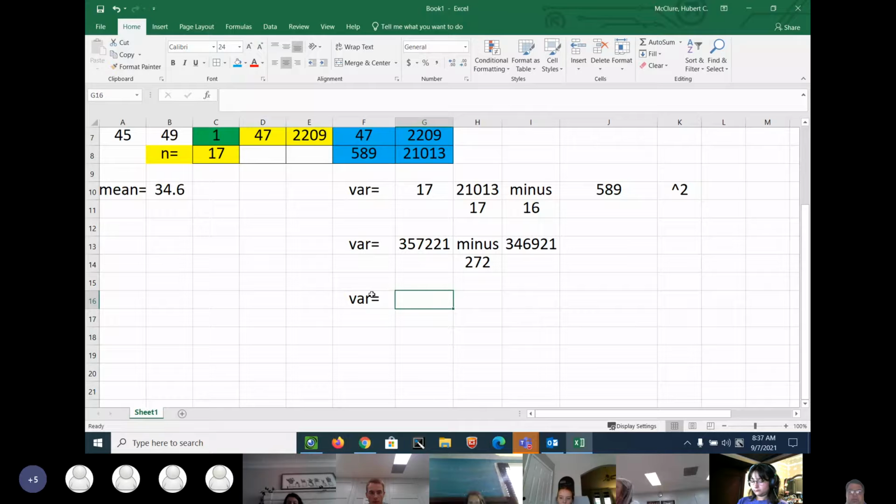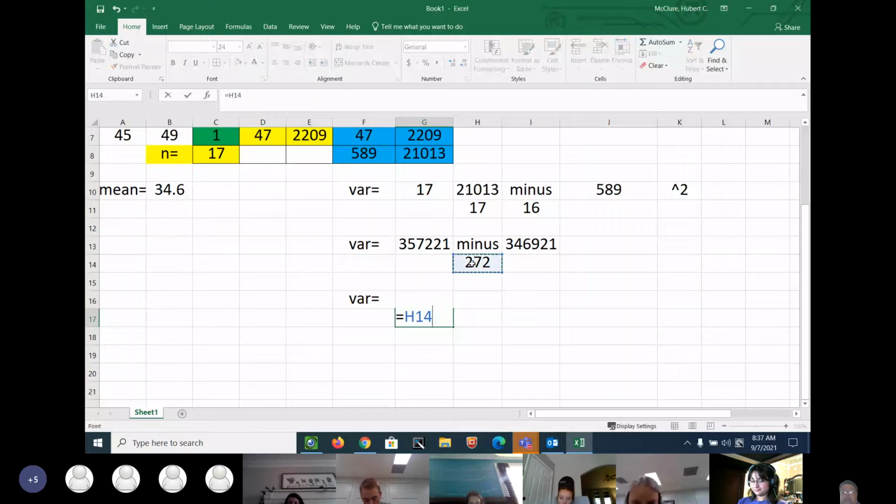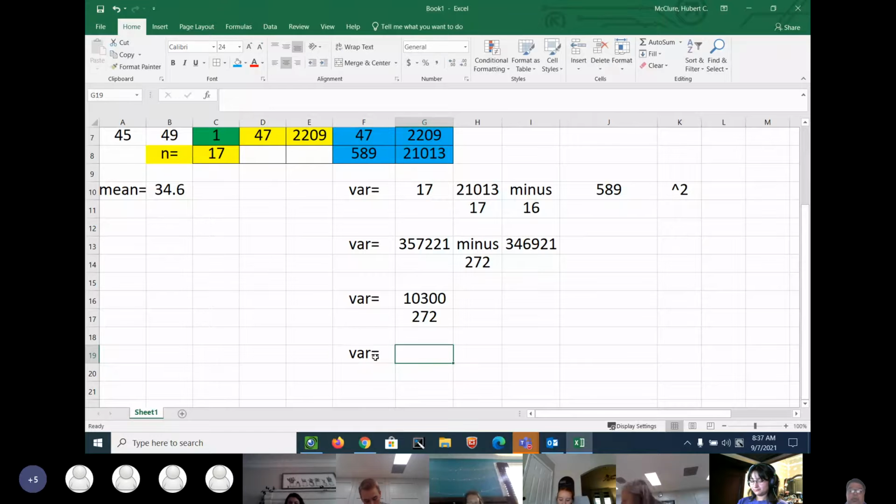Okay, so the variance equals this guy minus this guy over this guy. And the variance is equal to this guy divided by this guy. What'd y'all get? Did y'all get 37.86?